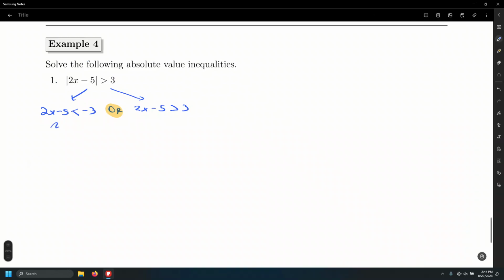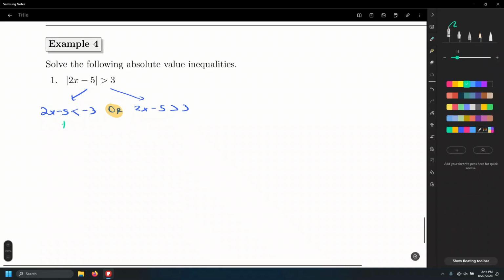So add 5 to both sides. That's 2x less than 5 minus 3, that's positive 2. And then divide both sides by 2. And that's x less than 1. And that's the solution to our first inequality here.